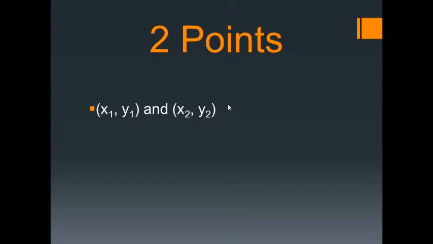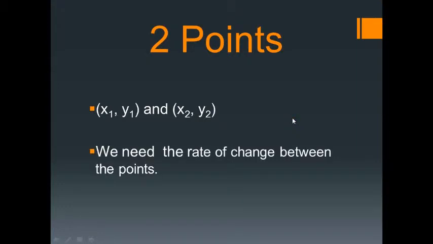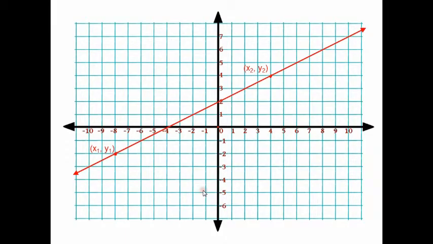Alrighty, so we have these 2 points. I'm just going to plot them somewhere on a coordinate grid, because what we'll need to look at is the rate of change between the points. So here I kind of graphed them, and they have specific numbers, and we can look at what the slope would be here.